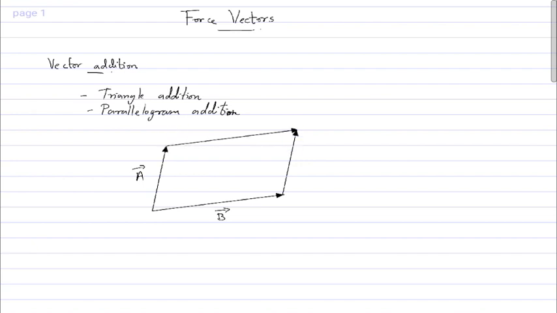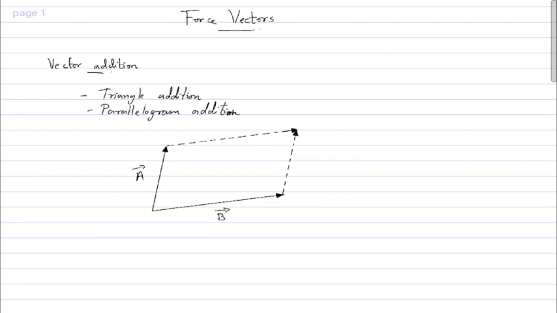And then let me just dash these lines to convey the point that the vectors A and B can be moved anywhere in the plane, keeping the magnitude and the direction the same. And it's legal to do that, right?